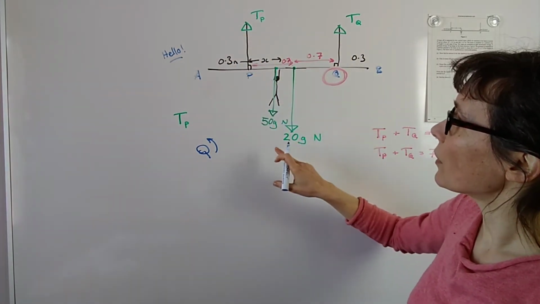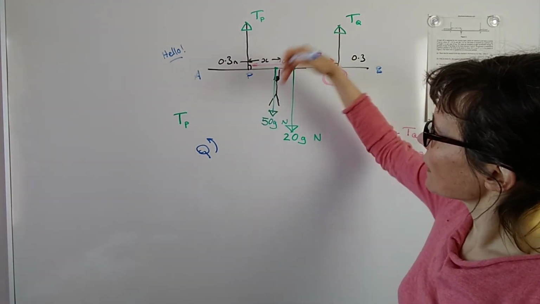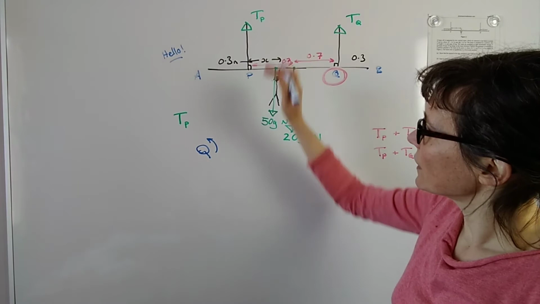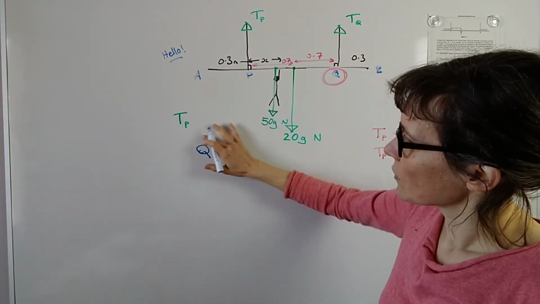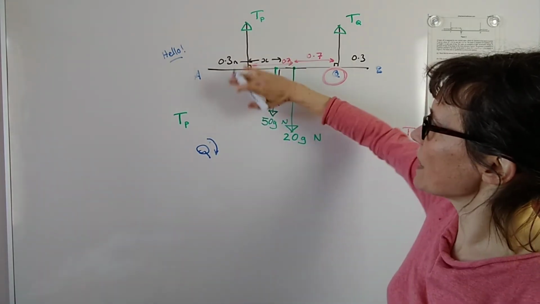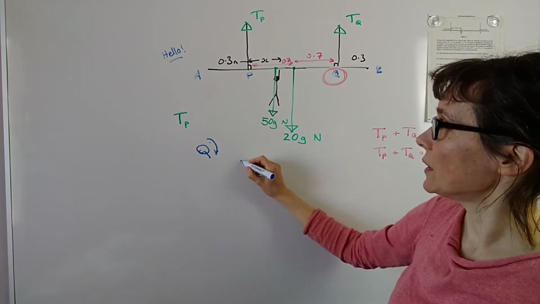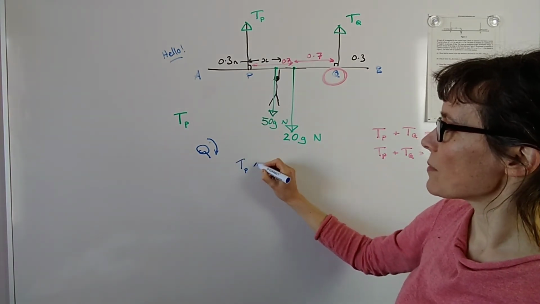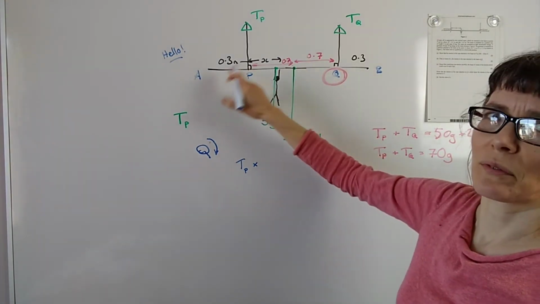This way, we're trying to turn it the other way, and we're going to get these two. This 20g is just the weight of the beam, so that will be the size of the force, with perpendicular distance 0.7. And it's also got this 50g newtons that is also turning it that way.